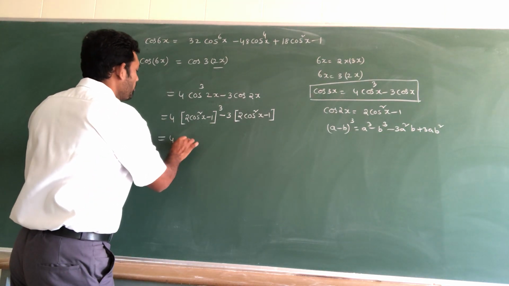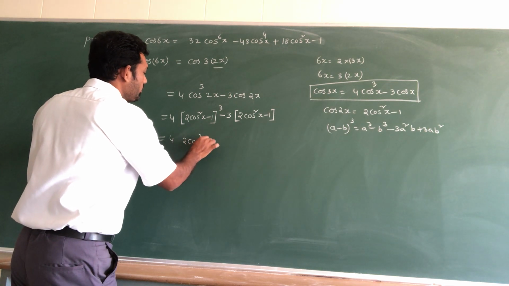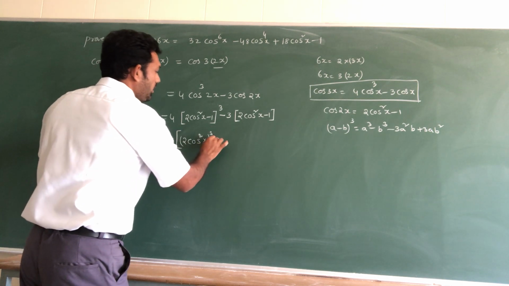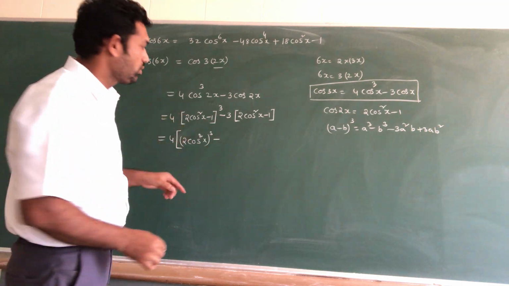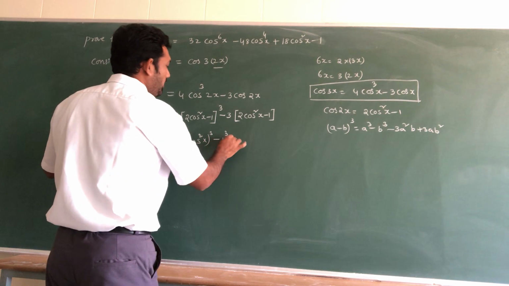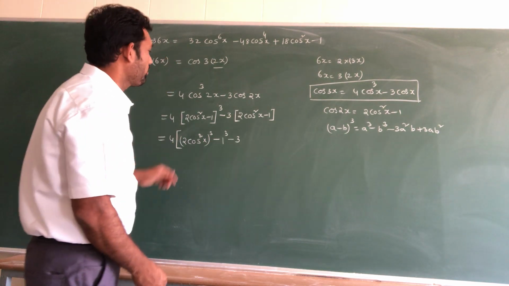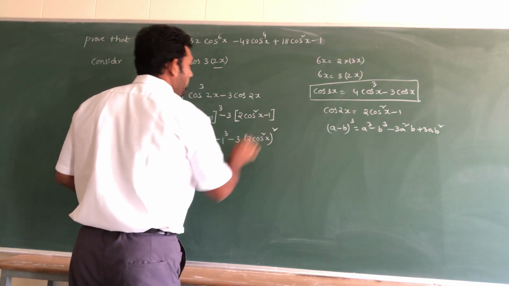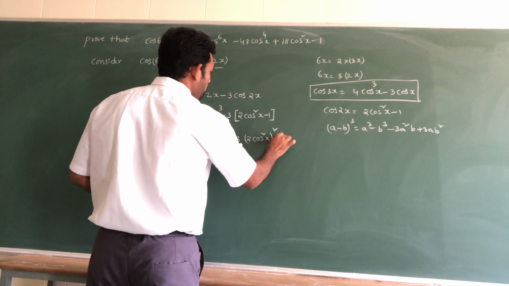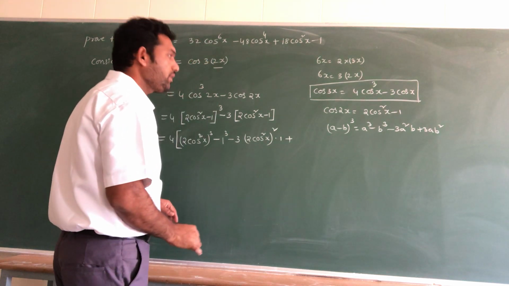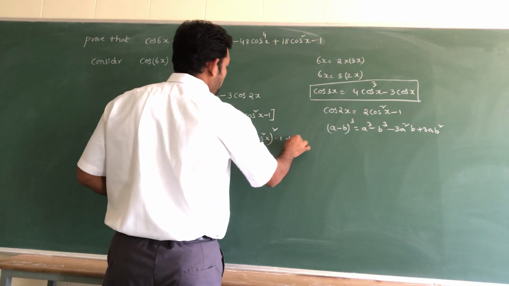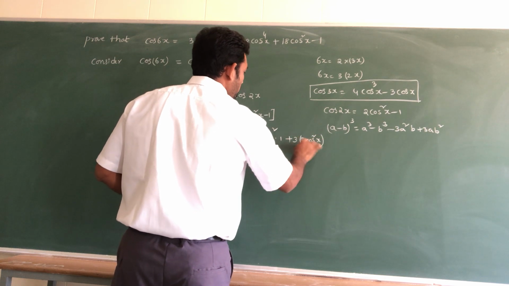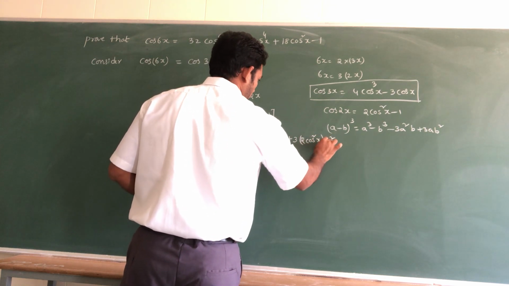So a cube is (2 cos square x) whole cube, minus b cube, which is 1 cube, minus 3 a square, meaning (2 cos square x) whole square, times b value 1, plus 3ab square, 3 into 2 cos square x into 1 square.